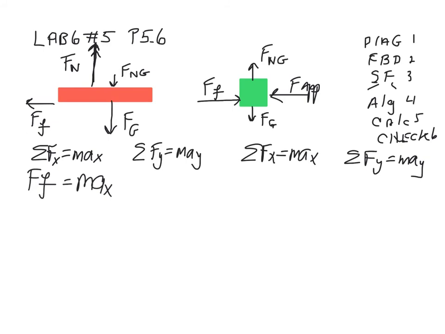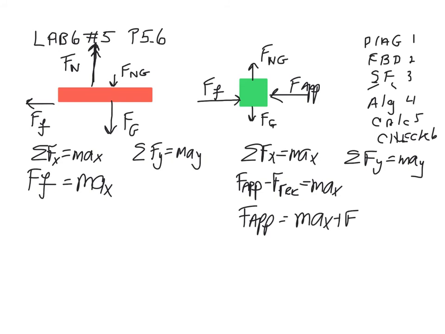And then you come back here, and I'm going to consider this positive: F applied minus F fric equals ma, right? I'm just reversing the direction. And so the F applied is simply the net force, max, plus the force of friction.